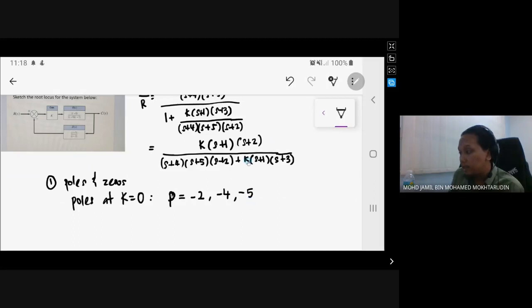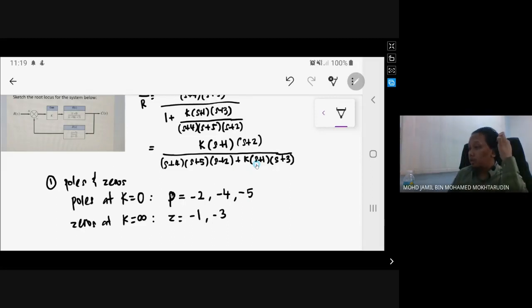When K is 0, we only consider this part. And the zeros at K infinity are -1 and -3. Since you have more poles than zeros, 3 poles and 2 zeros, you need to add one more zero to make them equal in number, so another one is at infinity.